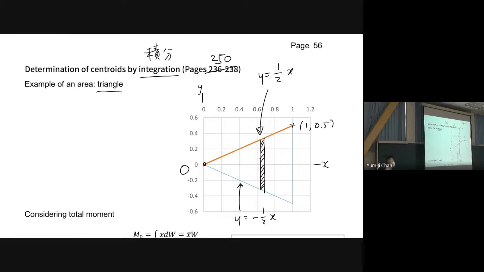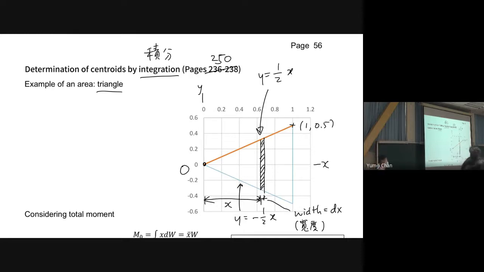The width is equal to dx, and its distance from here is equal to x.